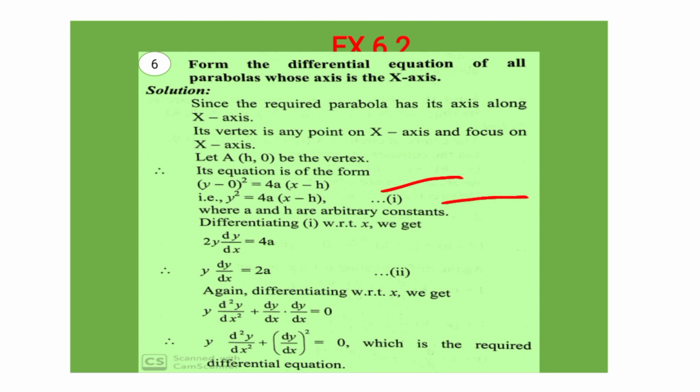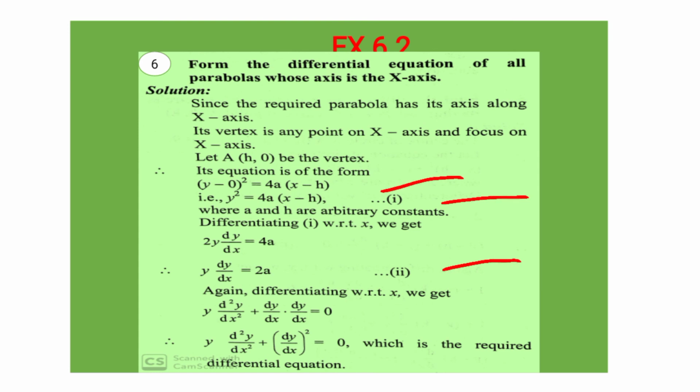Give this is equation 1, where a and h are the arbitrary constants, so two constants are there. So differentiating equation 1 with respect to x, we get 2y dy by dx is equal to 4a. Therefore, y dy by dx is equal to 2a. This is the second equation.